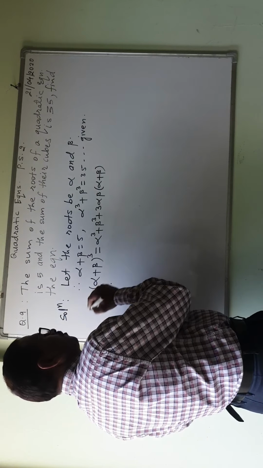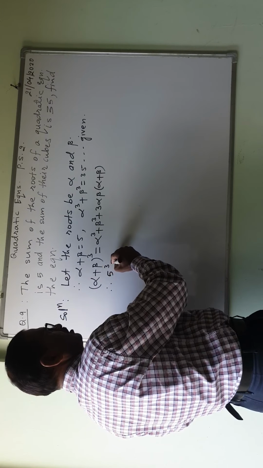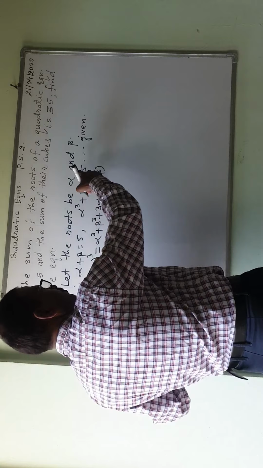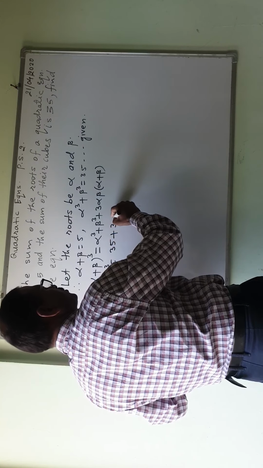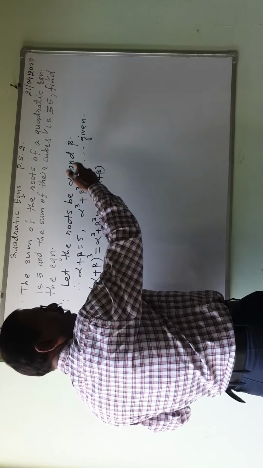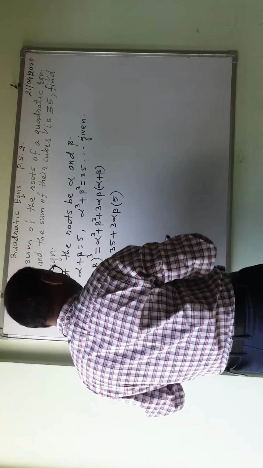Therefore, alpha plus beta, that is 5 cube, equals alpha cube plus beta cube, that is 35, plus 3 into alpha beta, which is not given, into bracket alpha plus beta, which means 5.